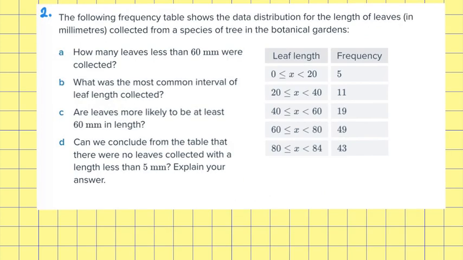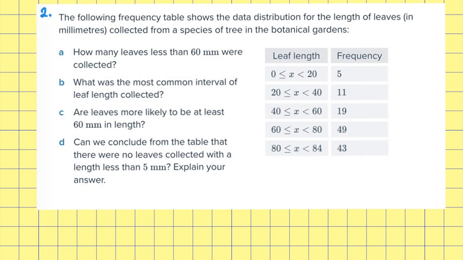Question 2. The following frequency table shows the data distribution for the length of leaves in millimeters collected from a species of tree in the botanical gardens. Question A. How many leaves less than 60 millimeters were collected?